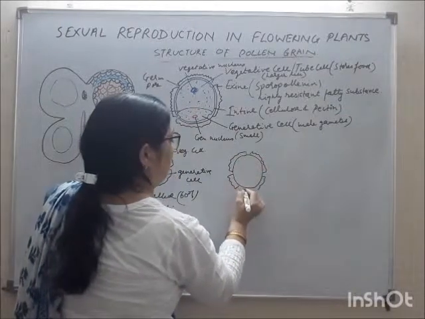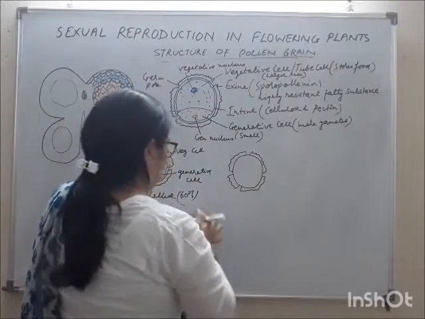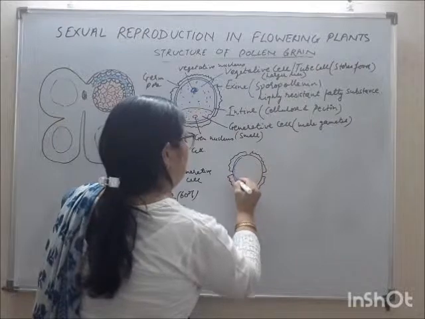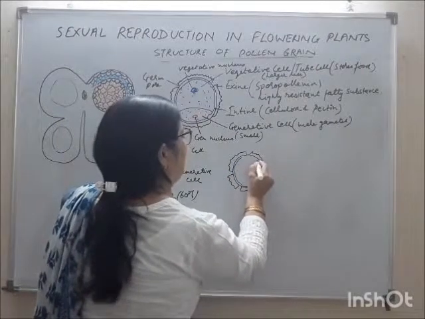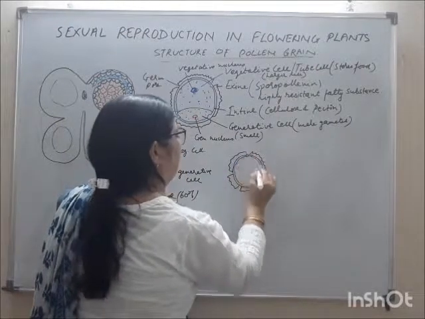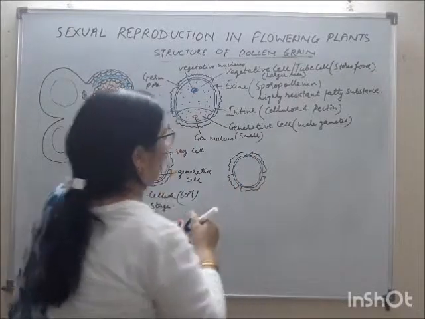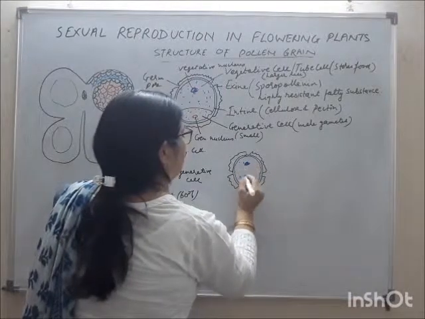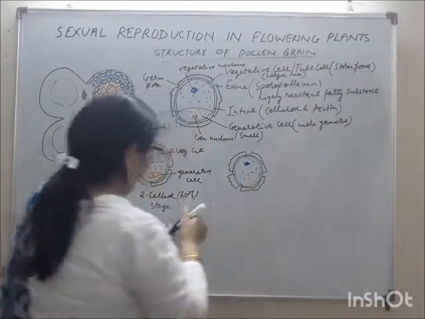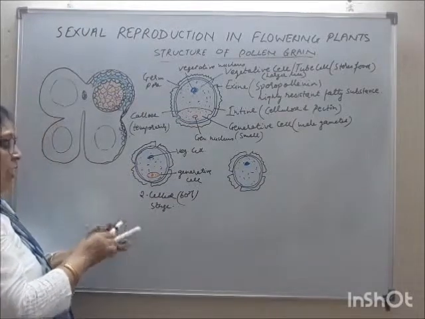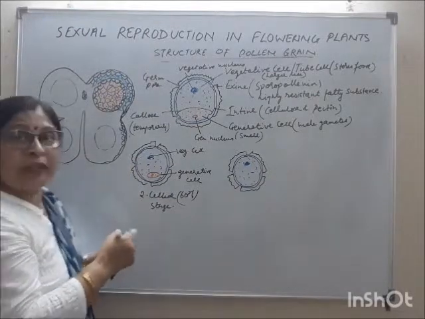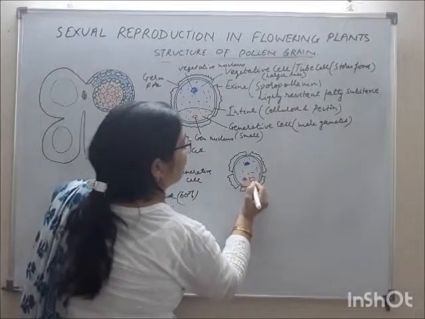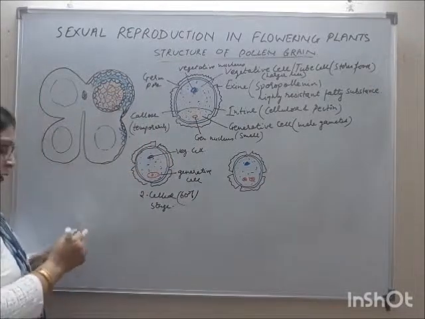And 40%, if you see the next, this is the exine part and this is again intine, and this is the vegetative cell. Here, the generative cell undergoes mitotic division and produces two male gametes.